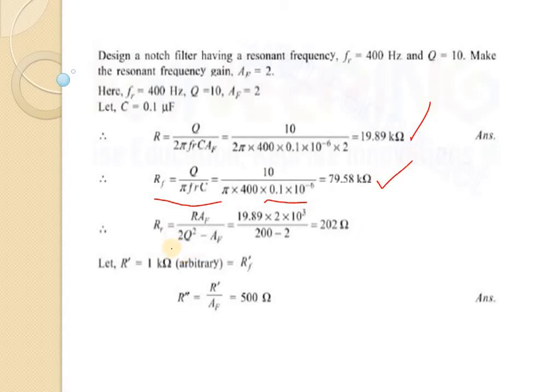And R equals R into A divided by 2Q square minus A, that is 19.89 into 2 into 10 to the power 3 divided by 200 minus 2, that is 202 ohm. If R' equals 1 kilo ohm, and that is equal to RF', and R'' equals R' by A, that is equal to 500 ohm.